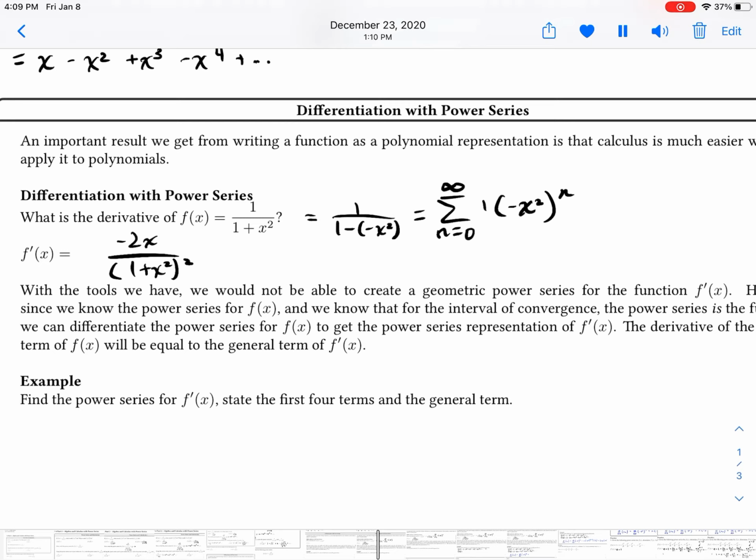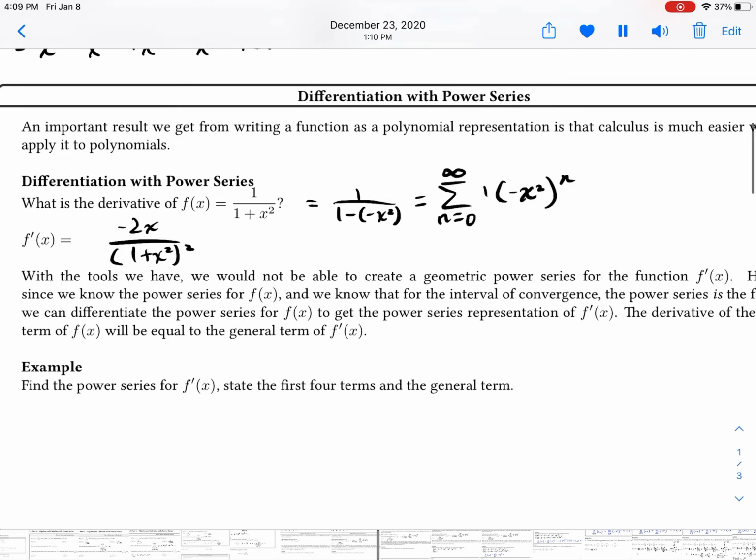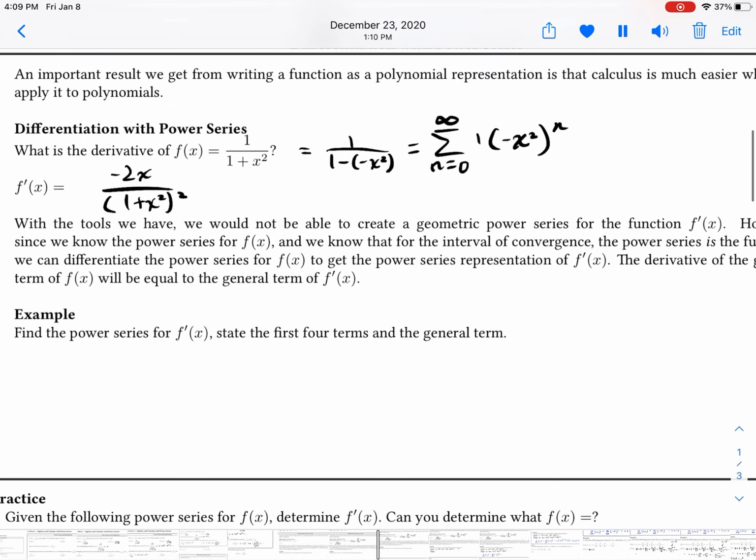However, since we know the power series for our original function f of x, and we know that for the interval of convergence, this power series is the function, we can then differentiate the power series for f of x to get the power series for f prime of x, which I think is super cool. So the derivative of the general term of f of x will be equal to the general form of f prime of x.